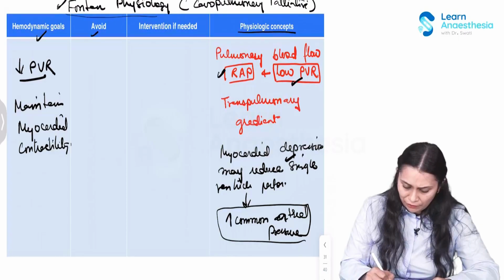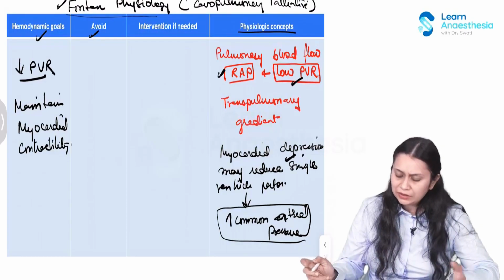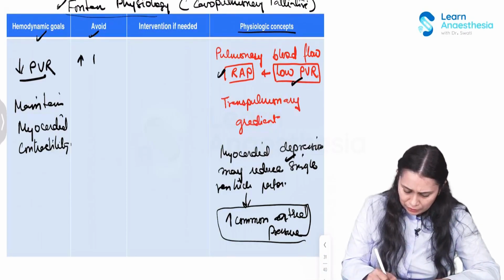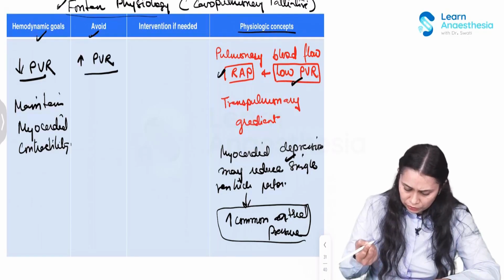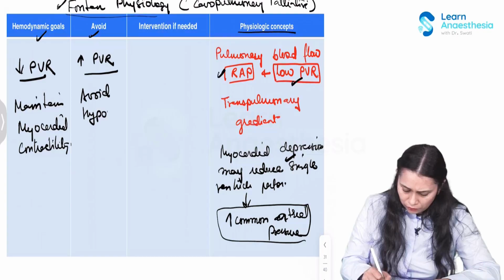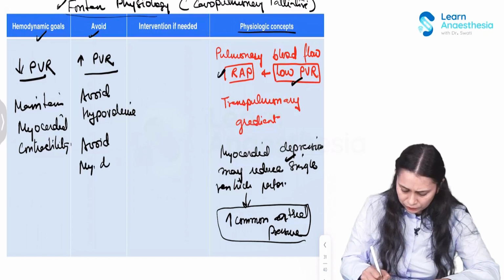So we have to avoid any increase in PVR, avoid hypovolemia, and avoid myocardial depression, right?